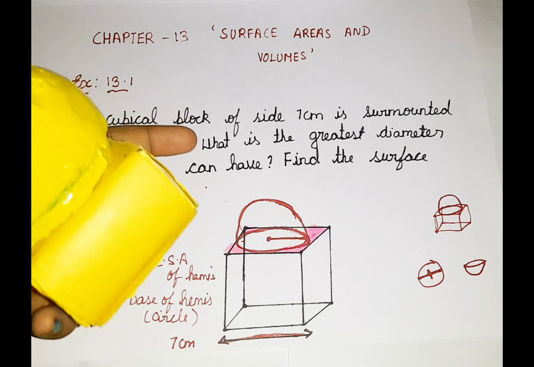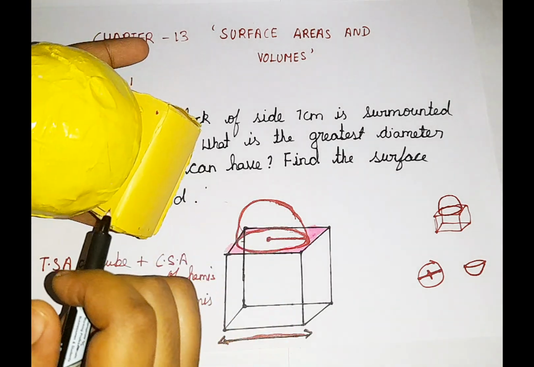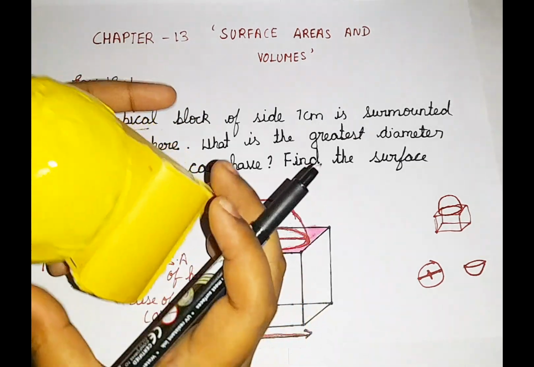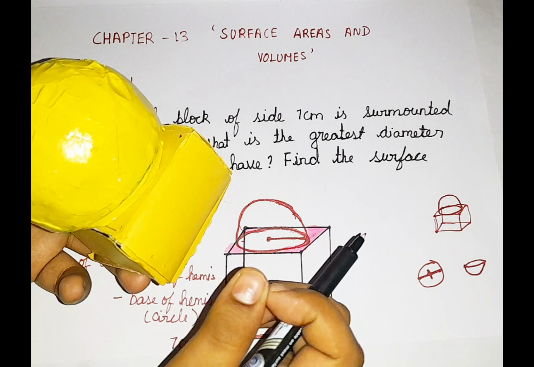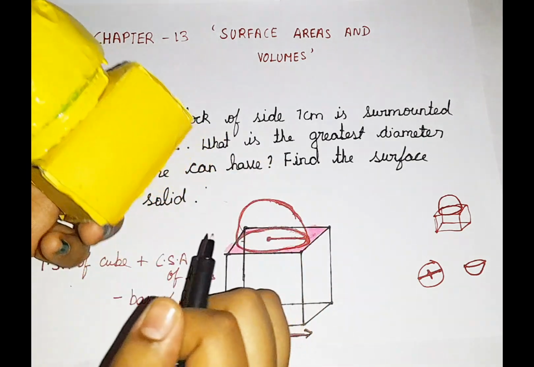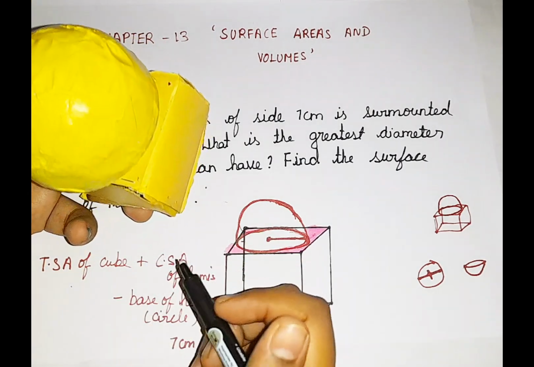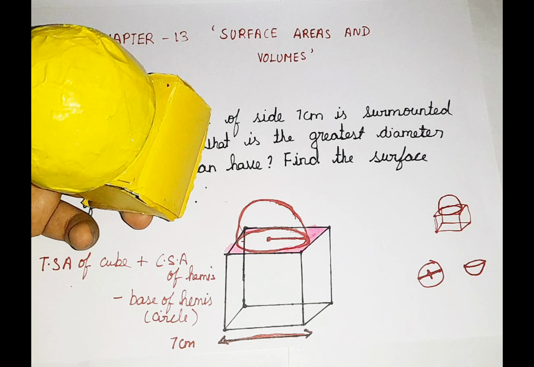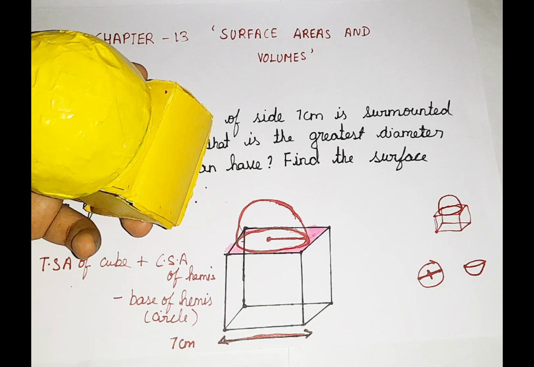Now you guys might be wondering, in the cube we were able to paint only these 4 sides. We were not able to paint the part which is under this hemisphere. So how can I say that I am going to be using total surface area for the cube? Since total surface area means we should paint the whole complete shape.